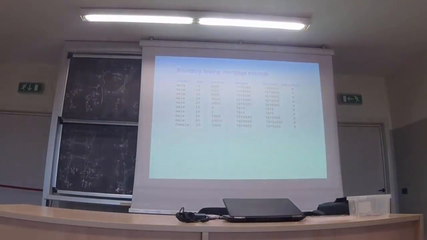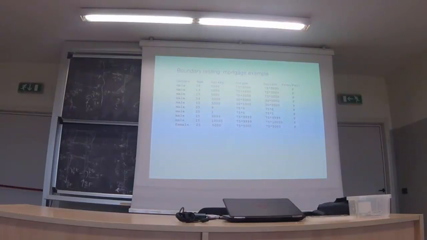This is the unit test result. 18, 19, 25, 54, 55. Given this nominal male, this nominal 5,000, these are the possible age values. And we obtain correct for all of this.